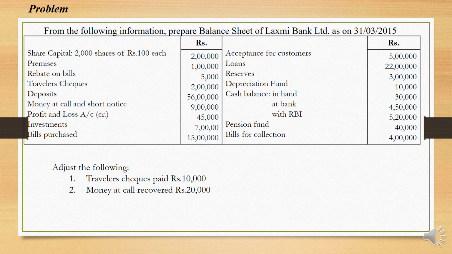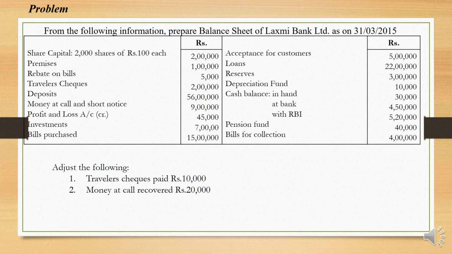And acceptance for customers, this is a contingent liability. Then loans are going to be treated as advances, that is schedule number 9 actually. Then reserves, so schedule number 2. Then depreciation fund is to be deducted from the premises, that is 1 lakh. So net amount is 90,000.